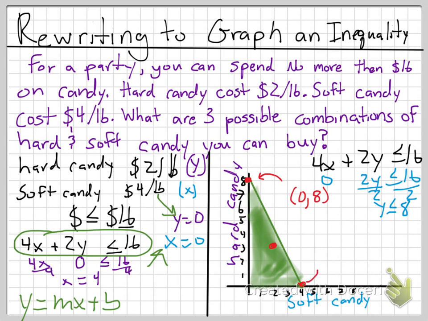Down here, our x would be 4, and our y would be 0, because we didn't go up anything. And the point here, another possible combination, would be 1, 2, and then 1, 2, 3. So our x would be 2, and our y would be 3.